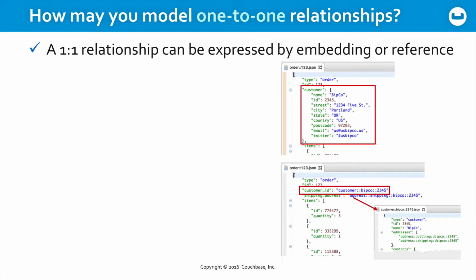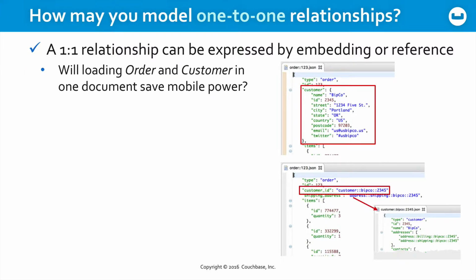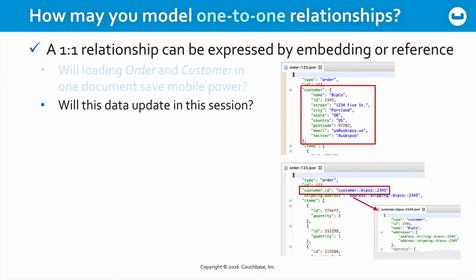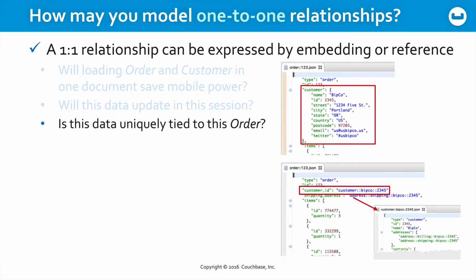In this example, we're looking at a customer and an order. So will loading an order and a customer in a single document perhaps save on mobile power? Will this data update in the current session? Is this data somehow uniquely tied to this order, or is this data that would be identical across multiple orders?